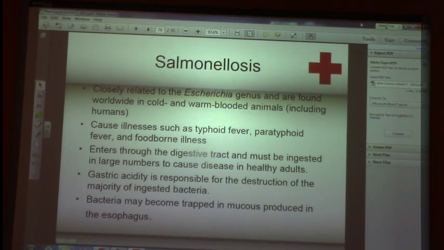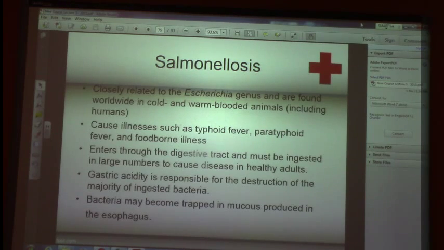Also, gastric acidity is responsible for the destruction of most of the ingested bacteria that we would come into contact with, even if we were to eat contaminated meat. So that's one reason why it doesn't necessarily cause disease in healthy adults, because these are more neutrophilic organisms. Therefore, the acidic environment of the stomach will kill them.